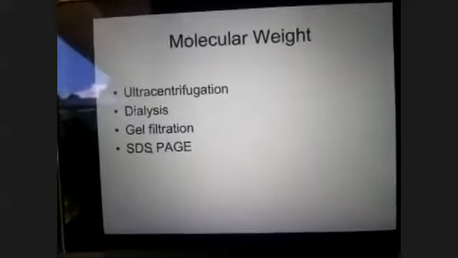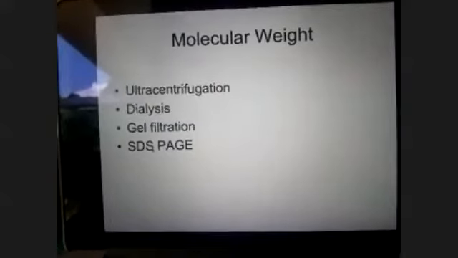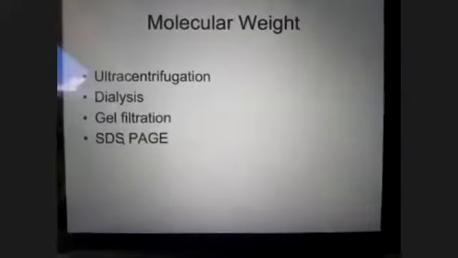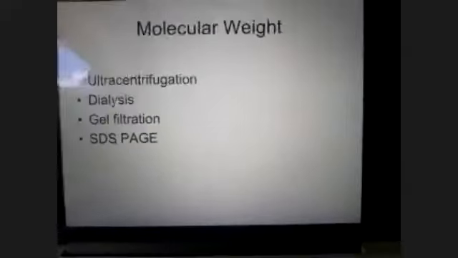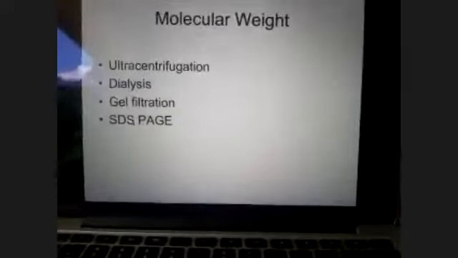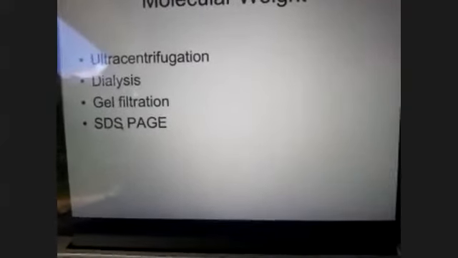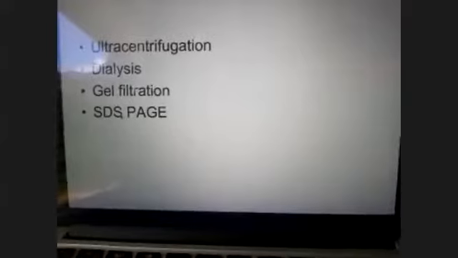It comes with different molecular weight cutoffs. For example, if it is 10 kilodalton, that means all the proteins with smaller molecular weight will be out from the solution. And then another one is gel filtration, we can see the example later on, and then we have SDS-PAGE.